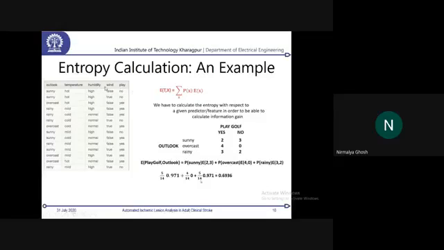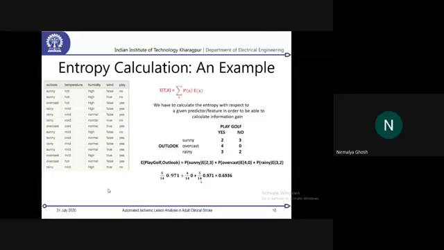So we have a total of 14 data points, and out of that we have 5 are no, and the rest 9 are yes, right? Okay. So our probability.